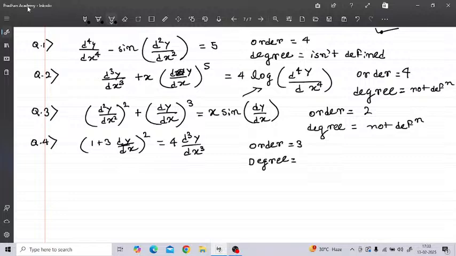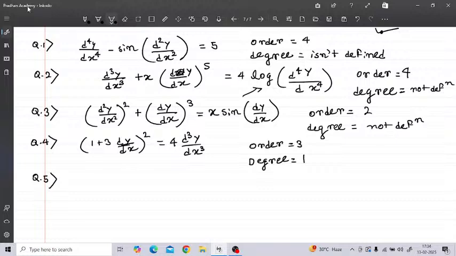The first question where we get the degree of our differential equation. First of all, this is a polynomial of derivatives. If you expand it, you will get a polynomial, and also it is radical free, so we can easily define the degree, which is the power of the highest order derivative. So here the highest order derivative is 3 and its power is 1, so degree is 1.